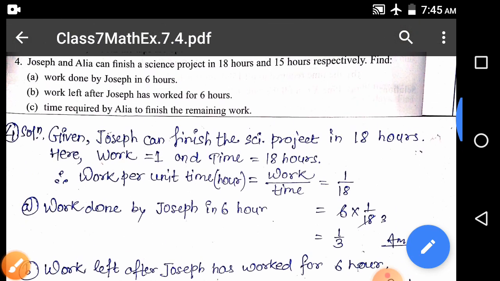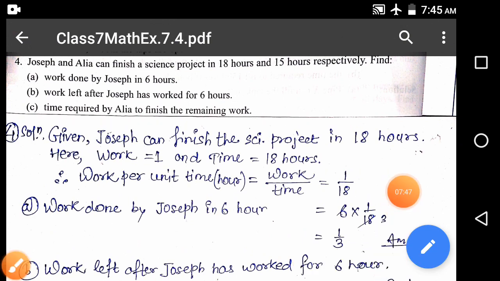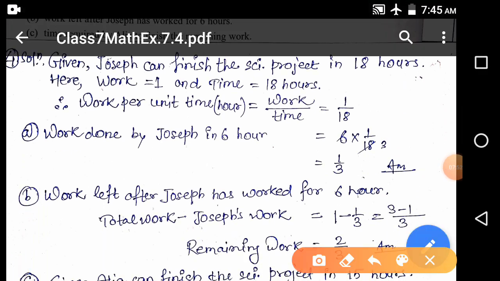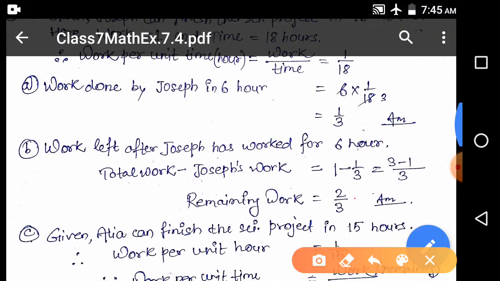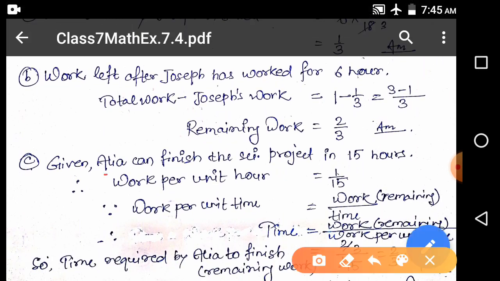In the third bit we have to find the time required by Alia to finish the remaining work. We have the value of remaining work as 2 by 3. And for Alia, it is given that Alia can finish the work, that is the science project, in 15 hours.